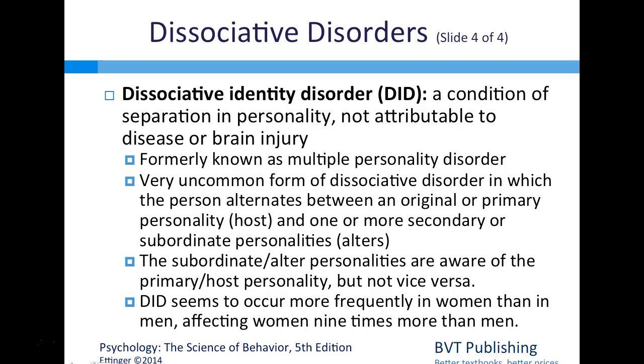DID, the abbreviation for dissociative identity disorder, seems to occur more frequently in women than in men, and it affects women 9 times more than men. But remember, really, really rare. There's a case here outlined in your book, the case of Trudy Chase, who supposedly displayed 92 separate personalities.